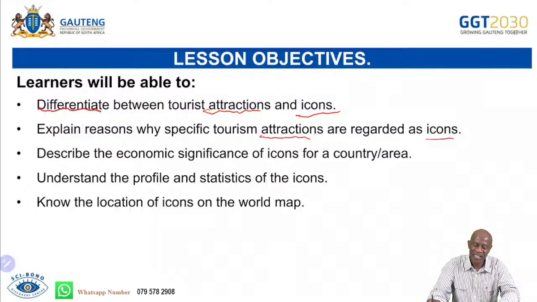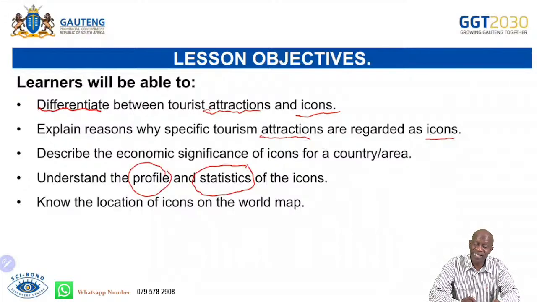You should be able to outline the profile or certain characteristics or attributes that are attached to the attraction. You should be able also to account for the number of visitors, the statistics that are attached to the icon. So these are the expectations of what you need to know at the end of this discussion.